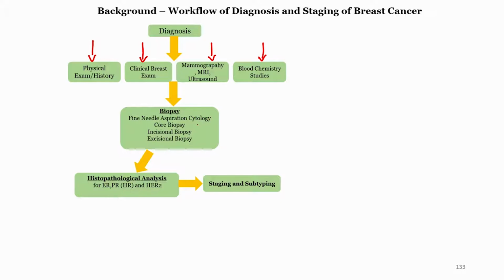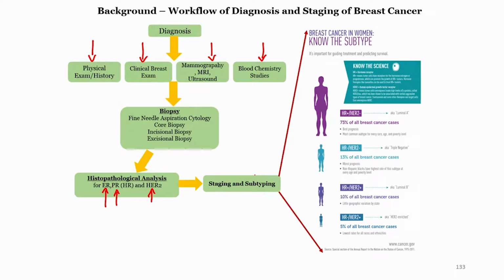So cytology, then core biopsy, incisional biopsy and excisional biopsy. If we divide it further, then there is histopathological analysis where all the biomarkers that I was talking about, ER, estrogen, PR, progesterone, HER2 plus are studied, and then based on that the staging and subtyping is done. So this is the process or workflow for diagnosing or staging of breast cancer.